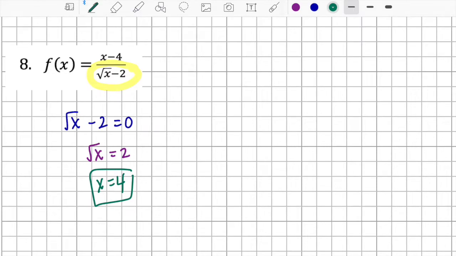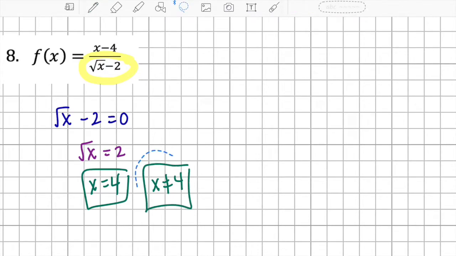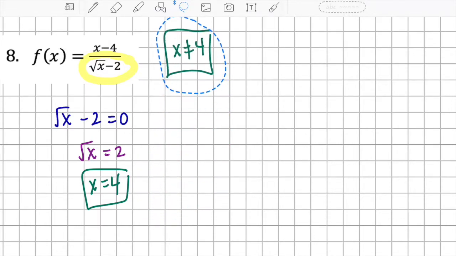So we cannot have x equals 4 because the denominator will be 0. So therefore, x cannot equal 4. That's one of the conditions.